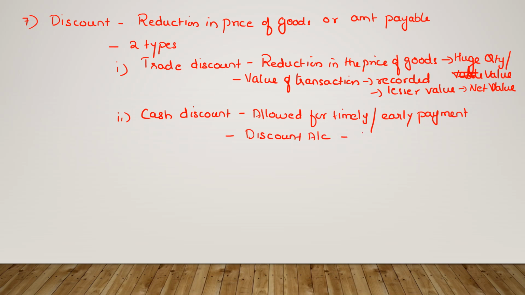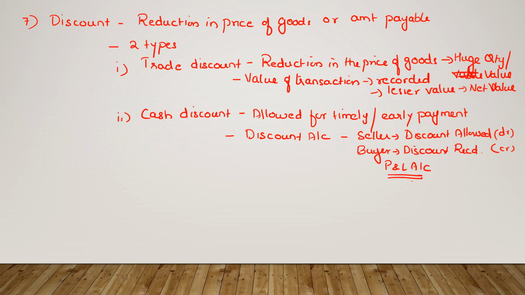For the seller, it would be discount allowed, which would be debited to the profit and loss account, and for the buyer, it would be discount received, which would be credited to the profit and loss account.